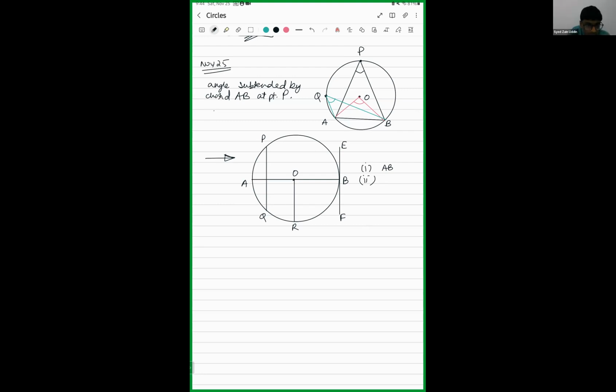Radius. I'm asking which one is a radius. Radius of the circle. This is something we have been studying since grade 6. Radius of circle, we know this. What is radius of circle? Over here, which line segment represents the radius of the circle? Zen.